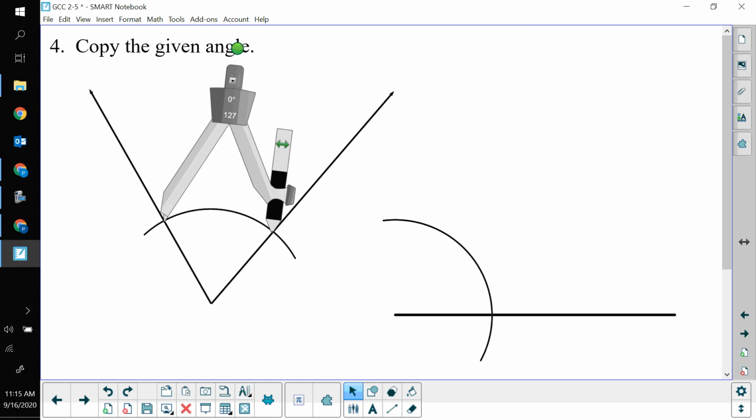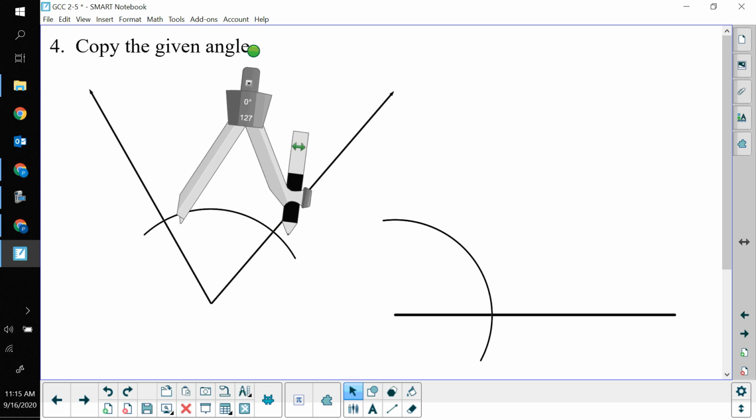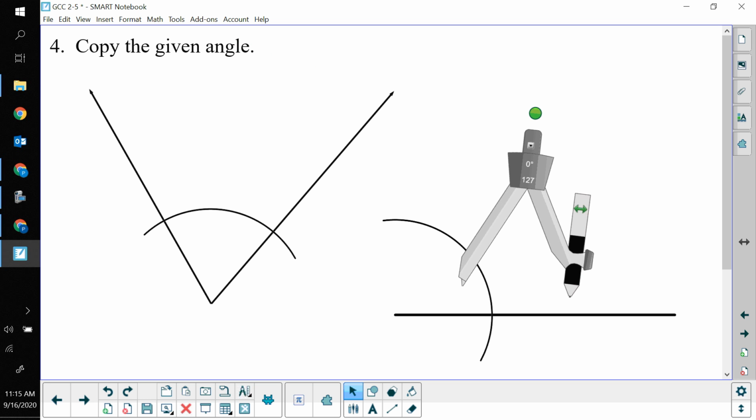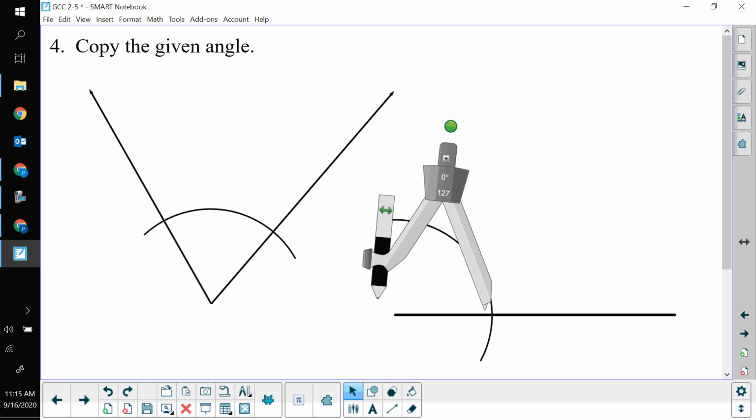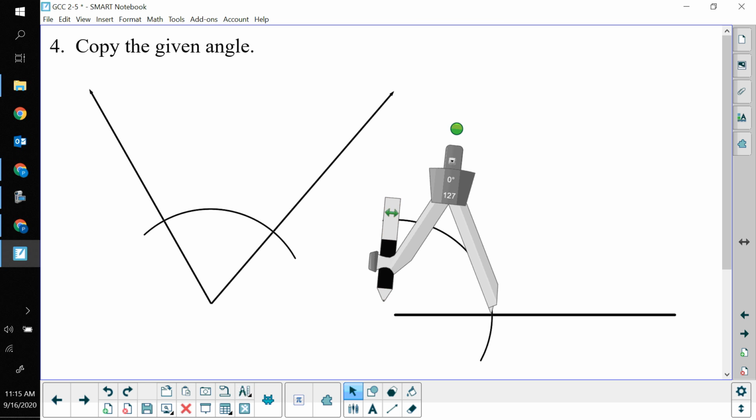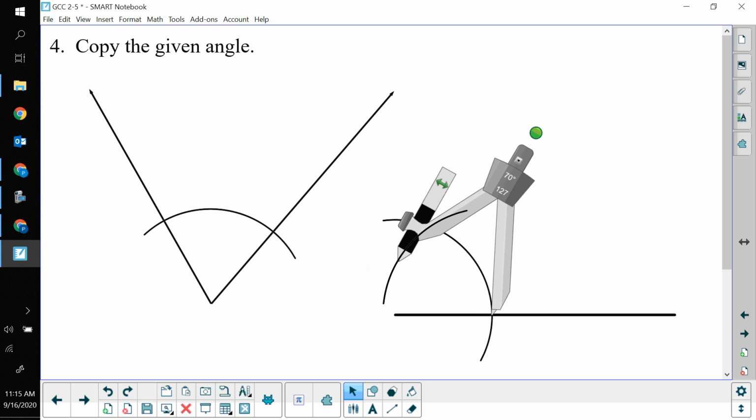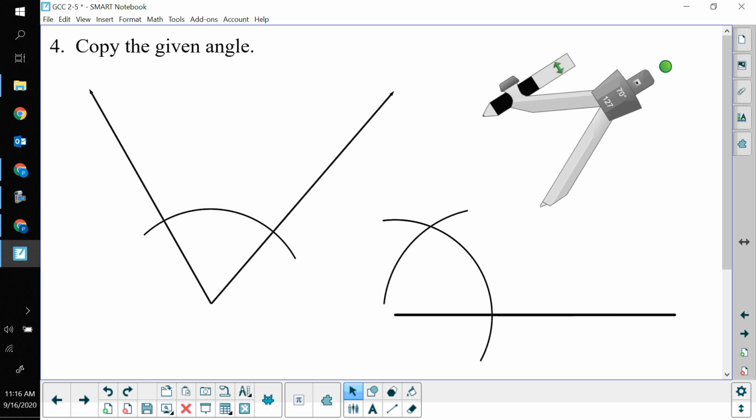Okay, so once you have it as the exact width, we're going to go over here. And you want to put your point on the intersection that was created. And keeping your compass the same, swoop an arc so you get another intersection.